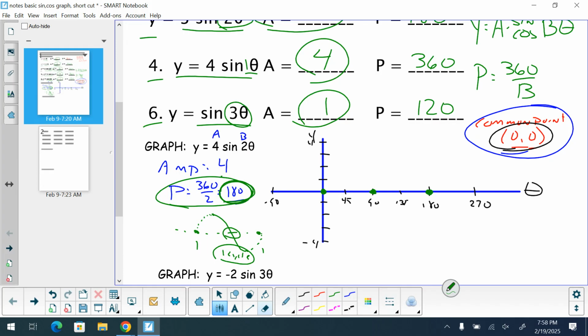Where our peak comes from is right here, our amplitude is a value of 4. Then halfway between 90 and 180 is 135. We'll be down at our valley. So we can get our sine curve.